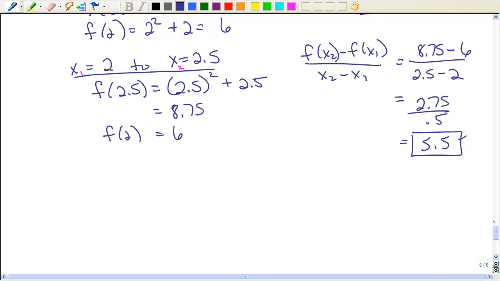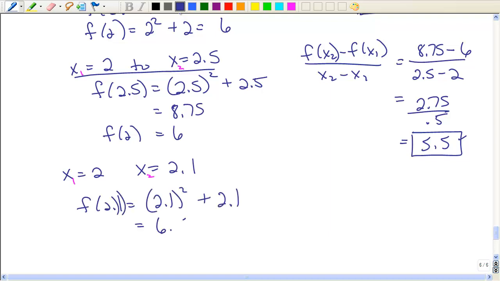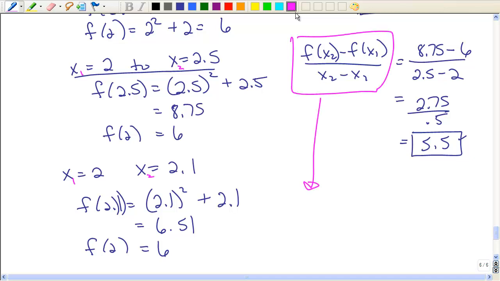Then they say, well, let's do it even closer, as x is 2 and x is 2.1. And again, I'm going to be consistent. So f of 2.1, f of 2 is still 6. I'm going to use this same formula right down here.